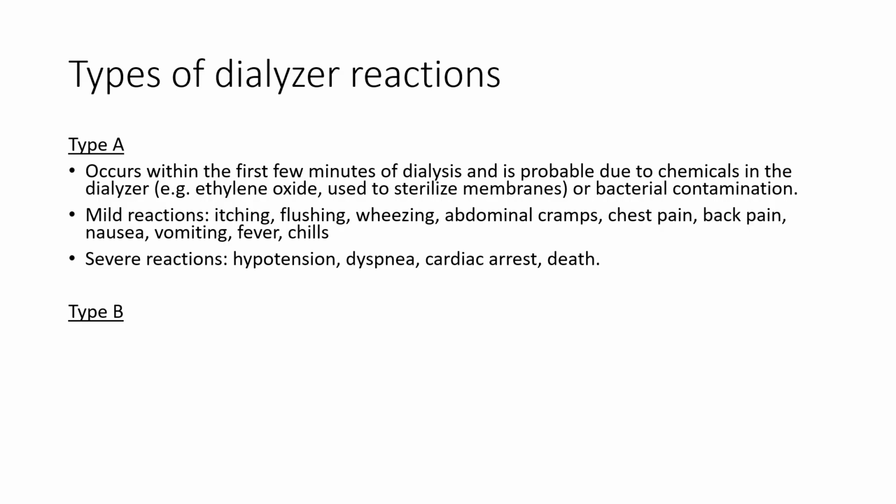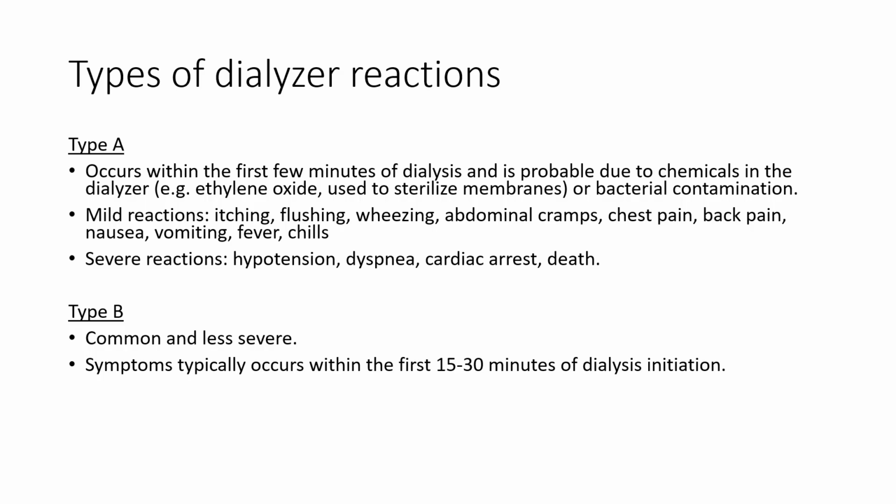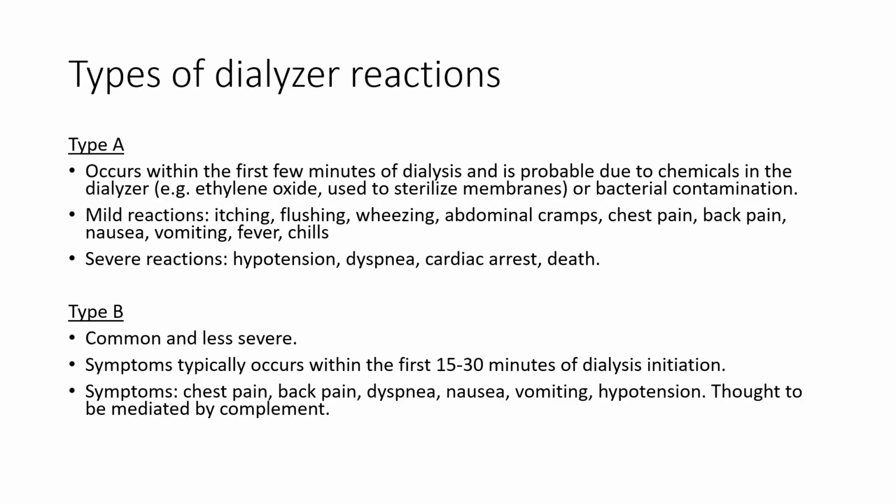Type B reactions are common and less severe. Symptoms typically occur within the first 15 to 30 minutes of dialysis initiation, and they can include chest pain, back pain, nausea, vomiting, hypotension. They are thought to be mediated by a part of our immune system called complement.